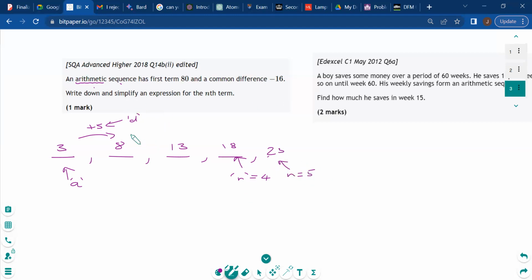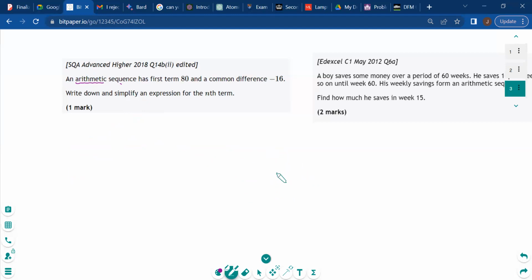Okay, so A, D, and N, you're going to hear me refer to. And the main rule we're going to be using is that if you want to work out a term, let's call it the nth term, meaning if you tell me a position, so if you say the fourth term, when n is 4, there is a rule that we can use.